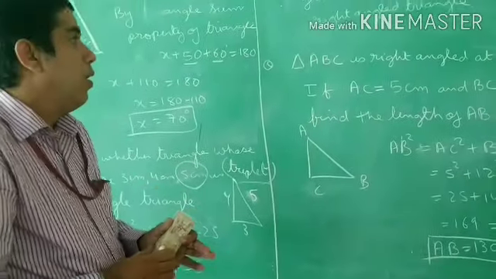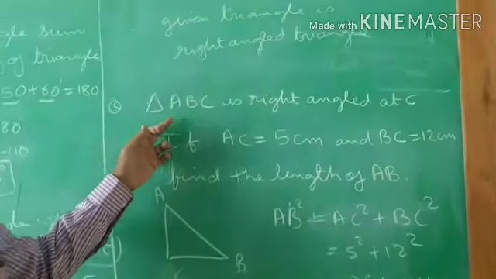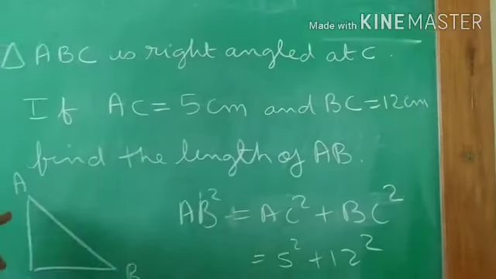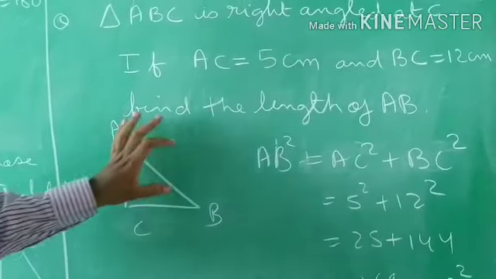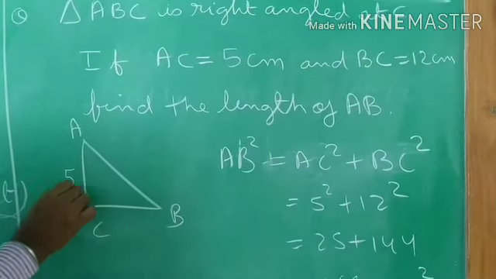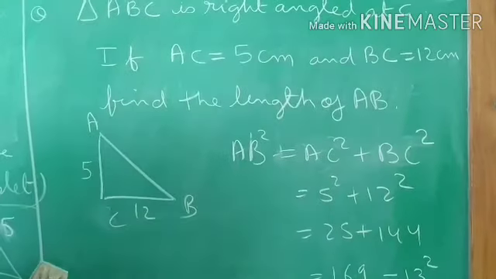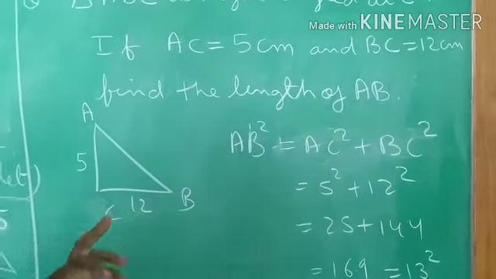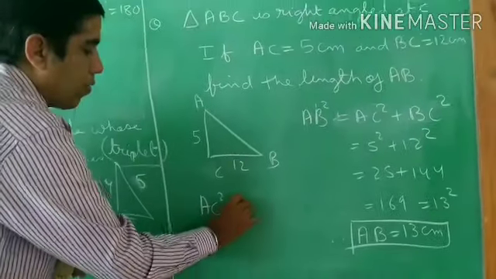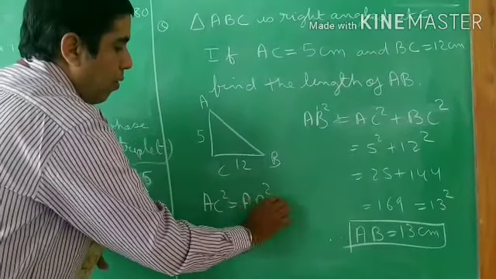Now, triangle ABC is a right angle triangle. You can see it is given AC is 5 cm and BC is 12. Now they are saying find the value of AB. Mostly students assume that AC square is equal to AB square plus BC square.